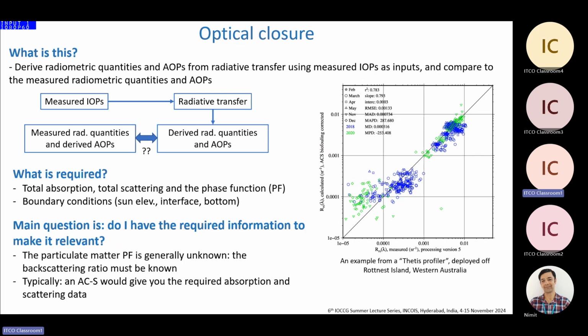Or at least you can constrain the system, even if the entire shape of the VSF is not correct, because we don't exactly know what it is. If you get this ratio of backscattering to total scattering right, you're on the good track.